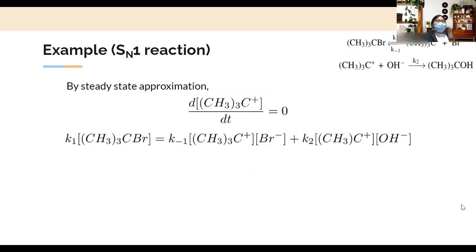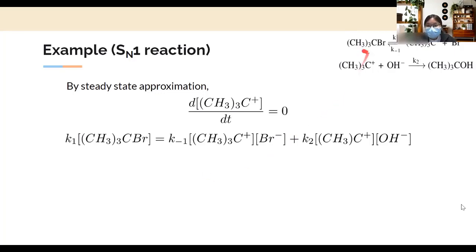Okay, so by steady-state approximation, we can assume that the rate of change of concentration of the carbocation intermediate is 0. So this means that the rate of formation of this intermediate is equal to the rate of removal of the intermediate. So over here, we can see K1 times concentration of the bromoalkane.